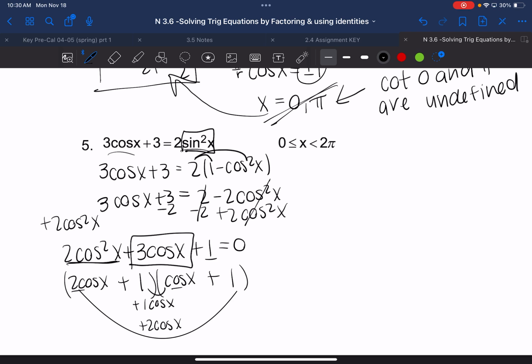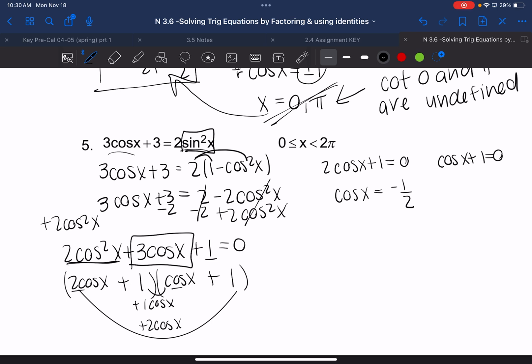All right, and then what do I do with my factors? Equal them to 0. So I'll have 2 cosine of x plus 1 equals 0, and cosine of x plus 1 equals 0. All right, so for that first one, first thing we would do is subtract the 1, and then we would divide by 2. So we're going to end up with negative 1/2. And remember, cosine is number of fingers to the left.